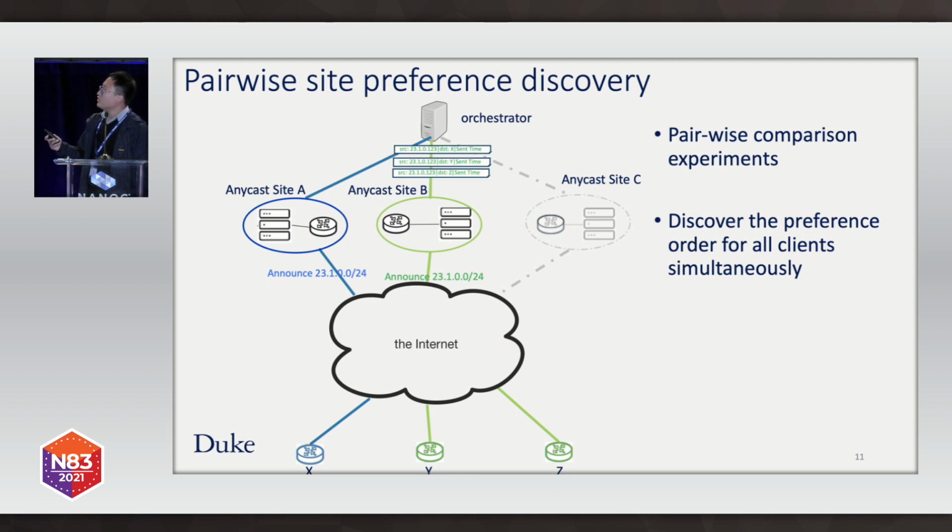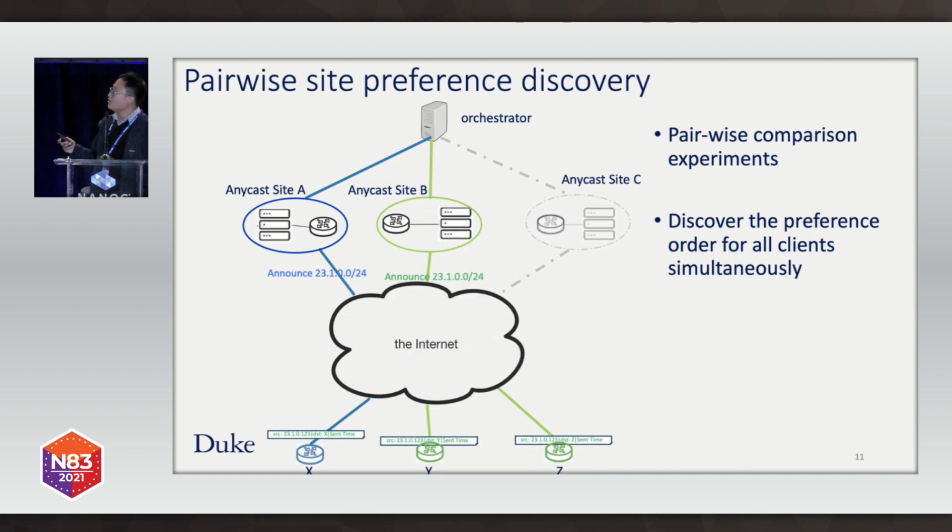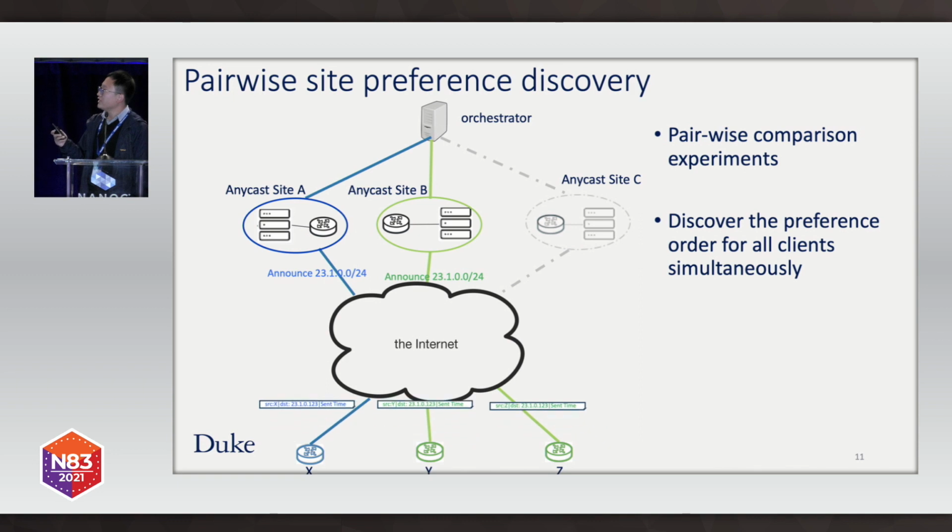Then we send out SMP packets to all clients at the same time. Based on the catchment area, the client will only reply through one specific tunnel. So the reply from client X will only return through the tunnel between Anycast A and our orchestrator, and the other 2 will reply to the SMP packet in another way.